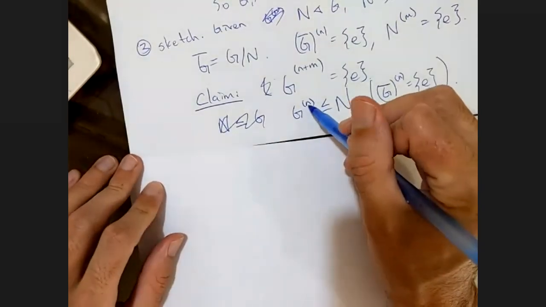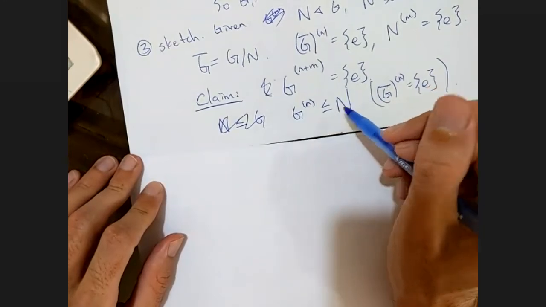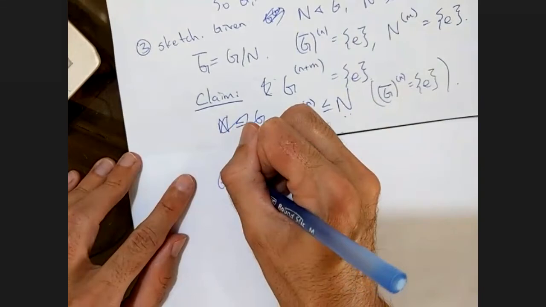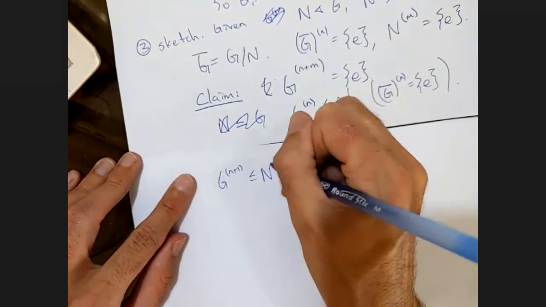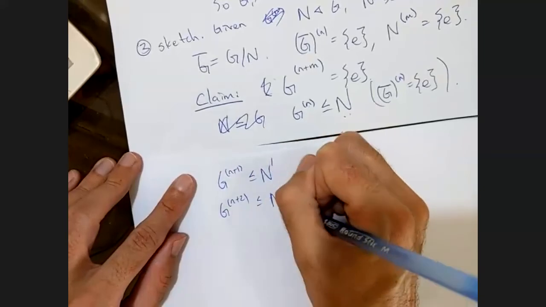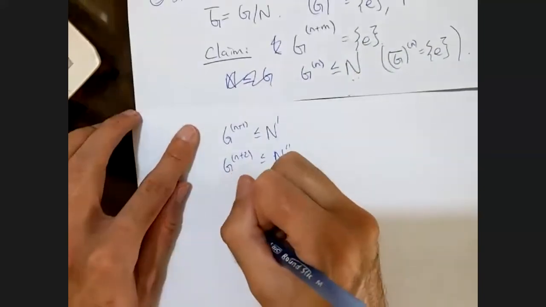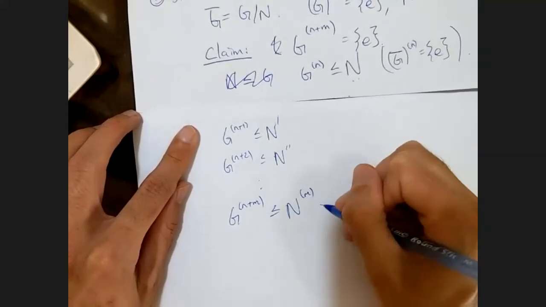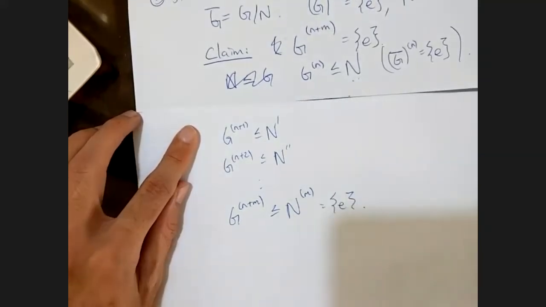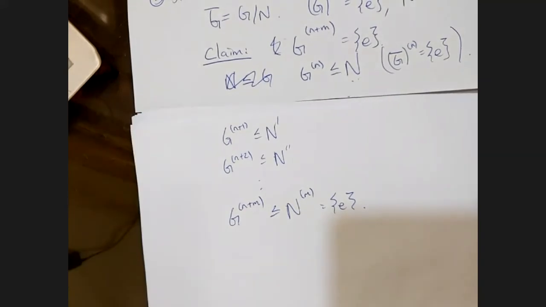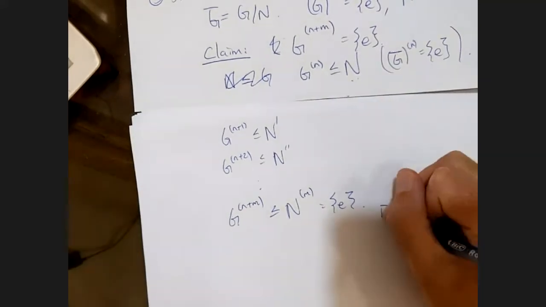If the nth commutator is contained in N, then the n plus first commutator is just contained in N prime. And just keep on going. Well, G to the n plus m is contained in N to the m, that's trivial, proving that G is solvable. The end.